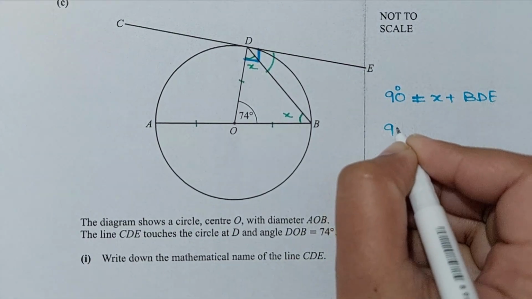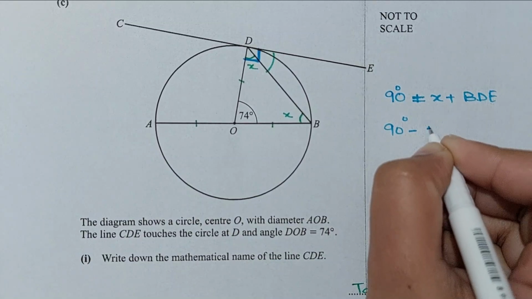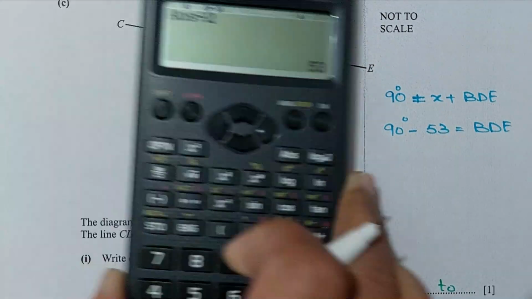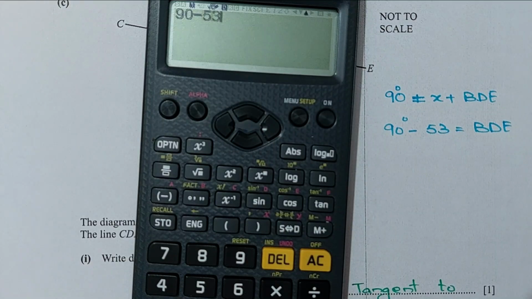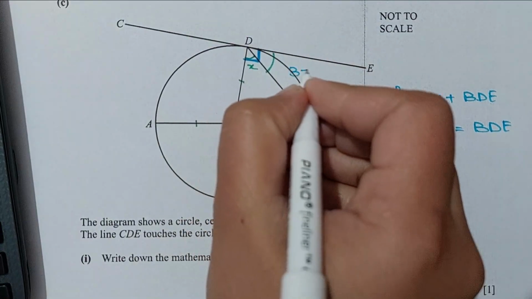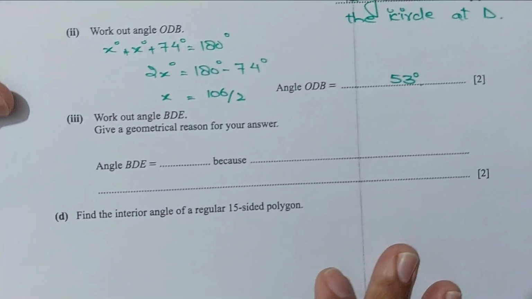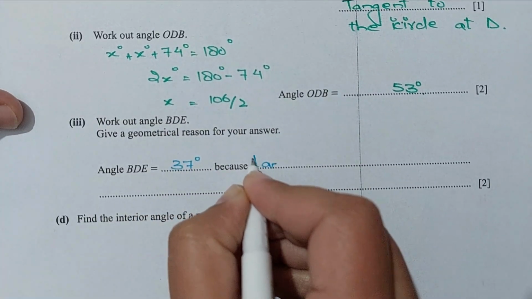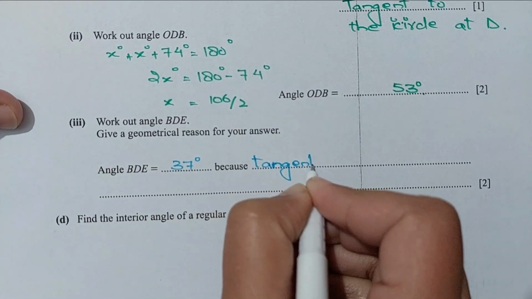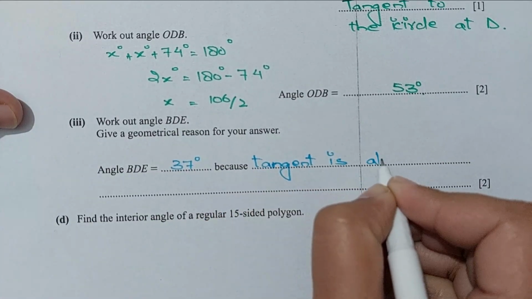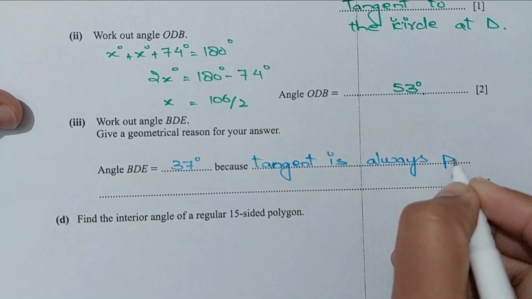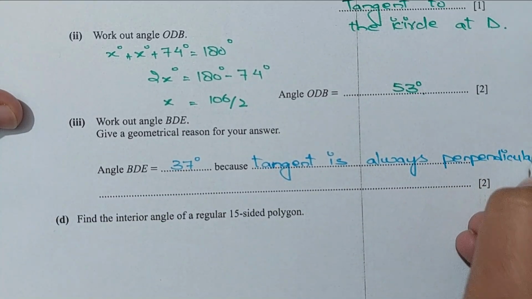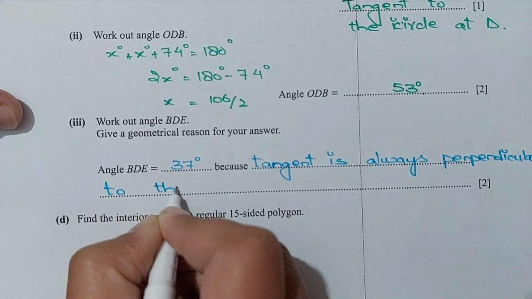Okay, so from 90 degrees subtract this x, which is 53. We will get the angle BDE. So 90 minus 53 is 37. This angle is 37 degrees. So we can write the reason: this angle is 37 because the tangent is always perpendicular to the radius of a circle.